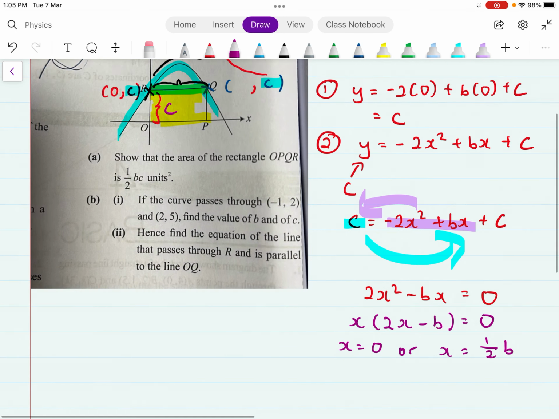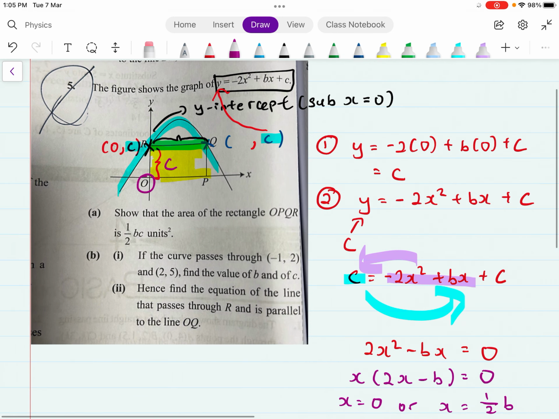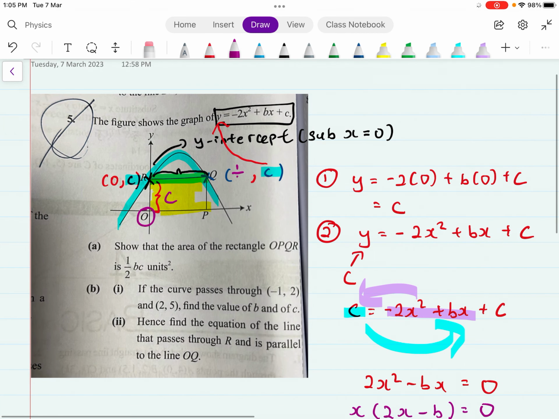Okay, so apparently, if you look at q, my x coordinate of q cannot be 0, because 0 is right here. So my x coordinate of q must be half b. So now I know the x coordinate. So from R all the way to q, the length is half b.